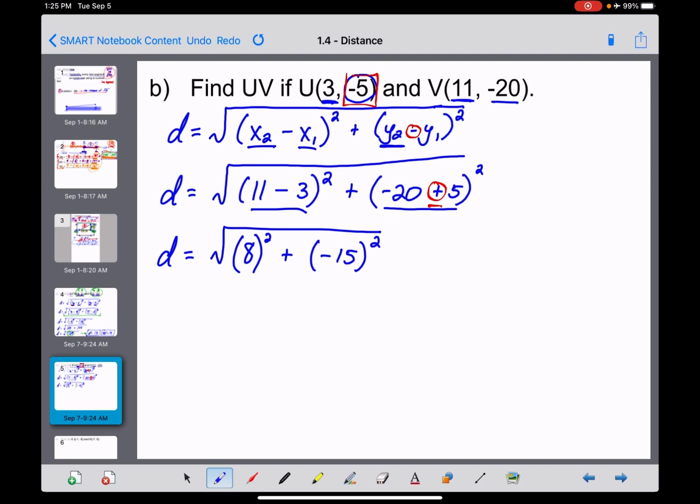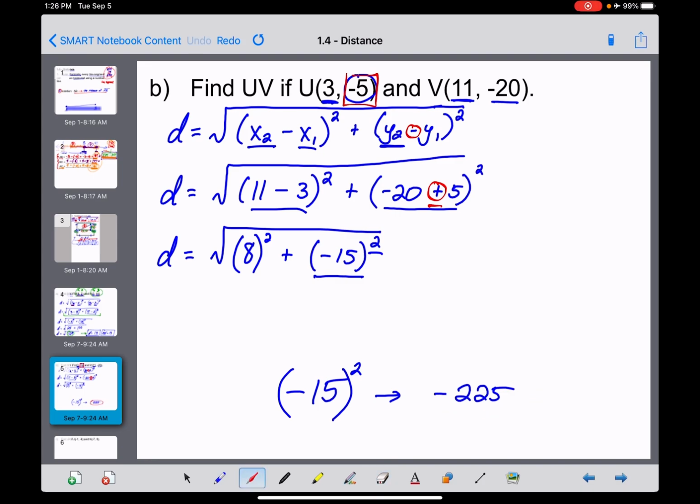If you don't put parentheses, if you just type this into your calculator, it's going to give you the wrong answer. It's going to tell you negative 225, when in reality, we're taking a negative number times itself, which should actually be positive. So you have to tell the calculator to square the negative 15 by putting it in parentheses, and then it'll give you the right answer.